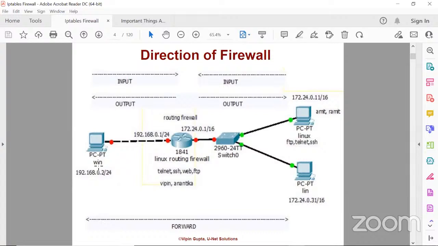From this system, what I was doing was trying to telnet to this 11 system. Now from this system, I'm going to use one command, telnet 172.24.0.41.